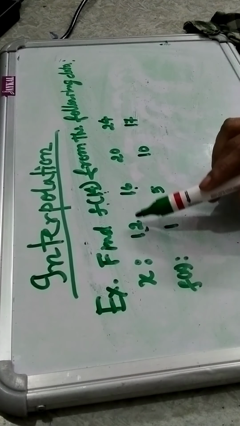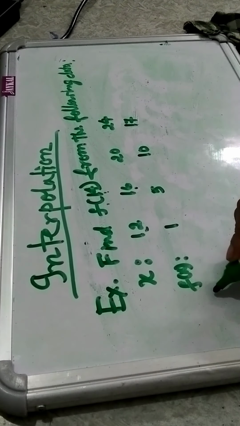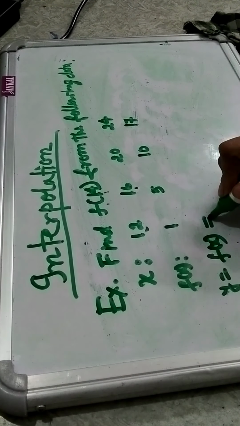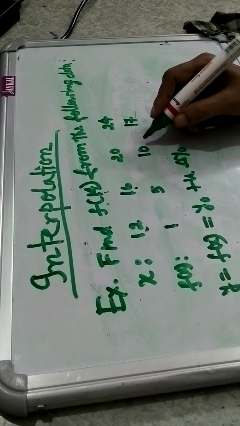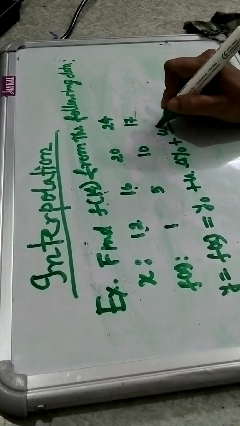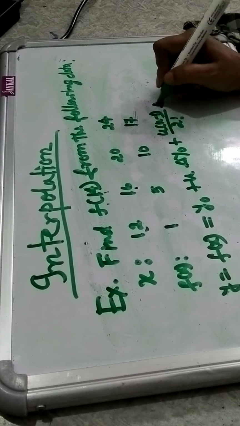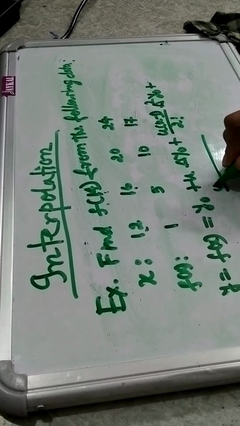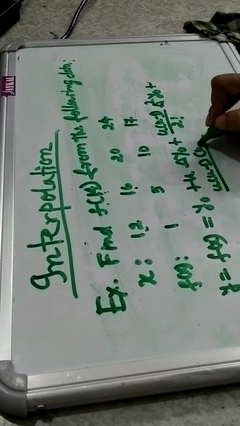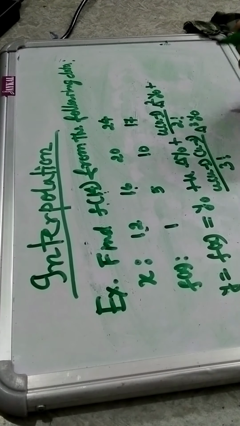So we use the formula y is equal to f(x) is equal to y0 plus u into delta y0 plus u into (u minus 1) divided by factorial 2 delta square y0 plus u into (u minus 1) into (u minus 2) divided by factorial 3 delta cube y0.